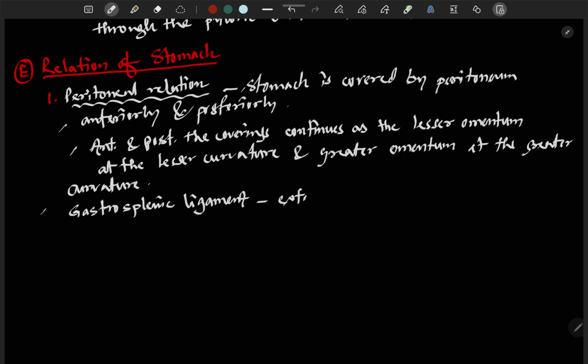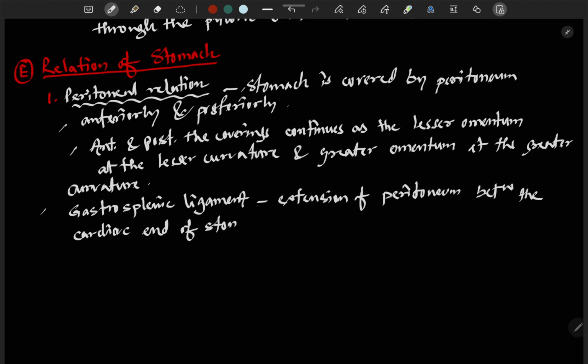Extension of peritoneum between the cardiac end of stomach and spleen. Next one is the gastrophrenic ligament.